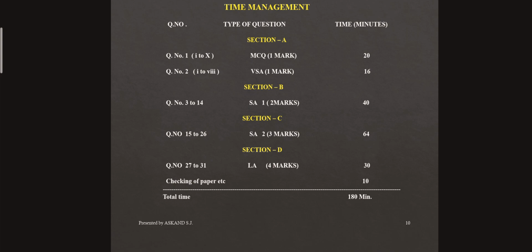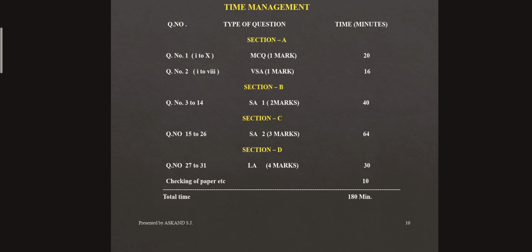For MCQs, you should give 20 minutes; 20 minutes are more than enough to deal with MCQs. Then for very short answers, 6 to 10 minutes are enough. Then for section B, you should give 40 minutes.